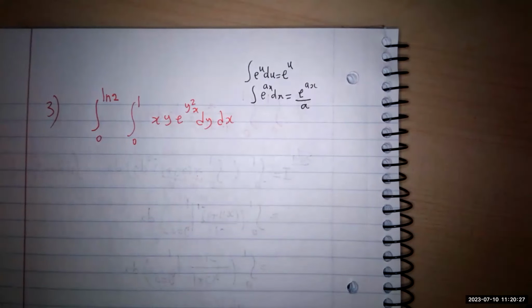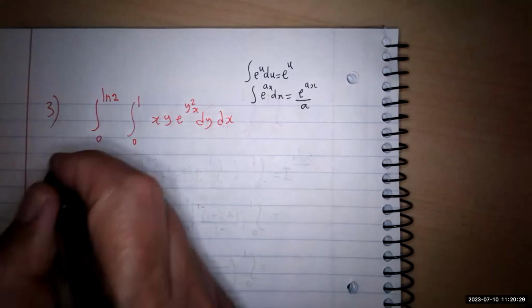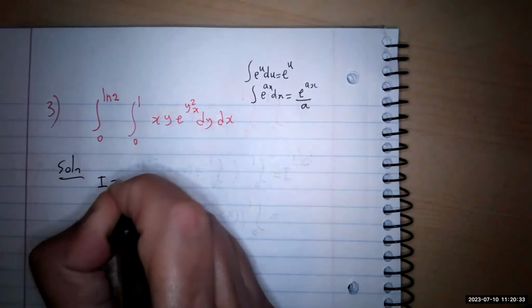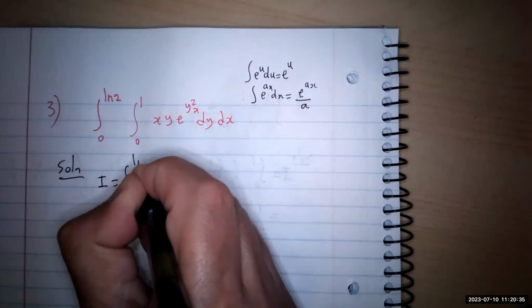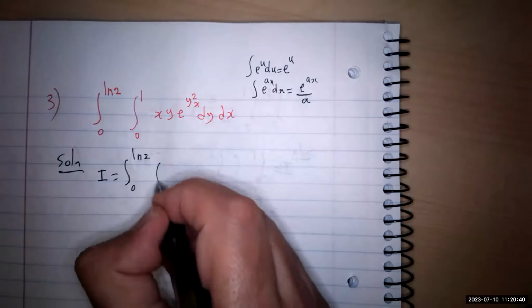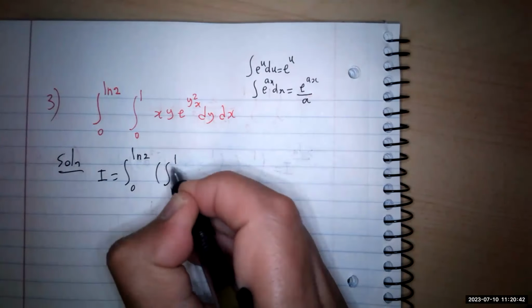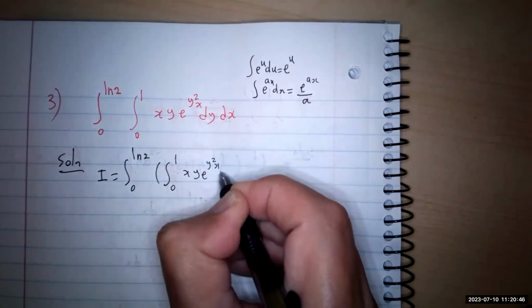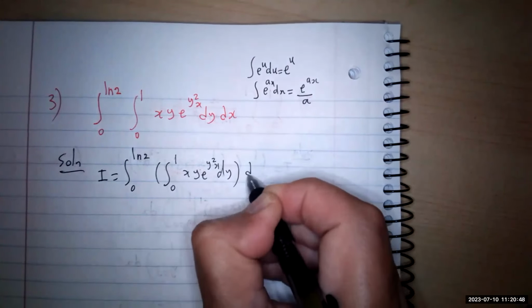Okay, this is the way we do it. Solution: this integral would be changing to the integral from 0 to ln2, and we have to take care of this one, integral from 0 to 1 of x y e to the y squared x dy, and then come back and do the x.